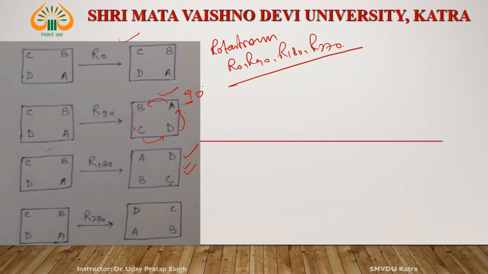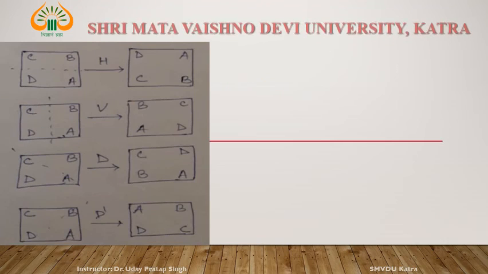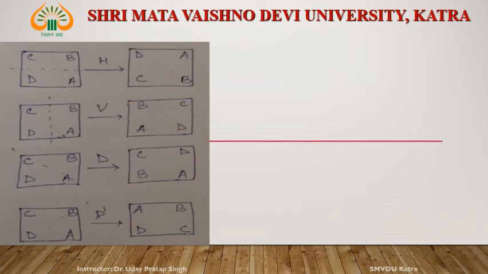Similarly, what are the reflections? Horizontal reflection, vertical reflection, and reflections along both diagonals. This is the rectangle with corners marked ABCD. Horizontal reflection: A here, B here, C here, D here. This one is vertical.